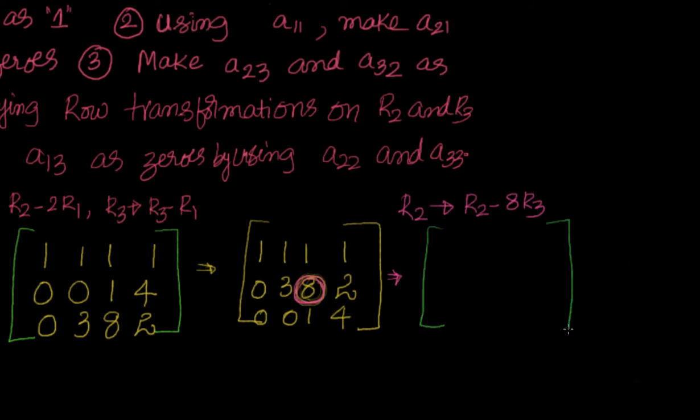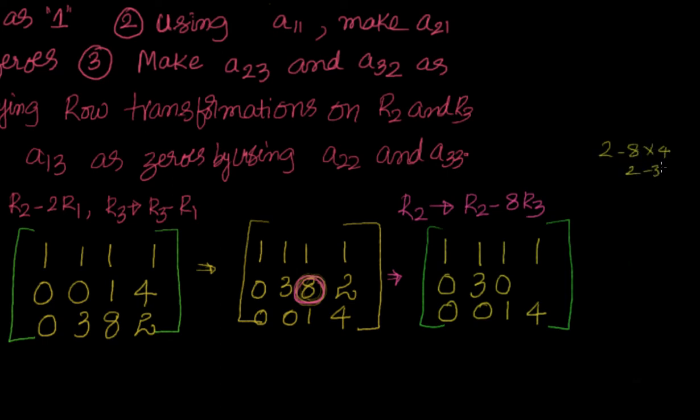If I do that, what will I get? I will have R1 as it is, 1, 1, 1, 1. I have the third row fixed, 0, 0, 1, 4. Now in the second row, R2 minus 8R3, I will have 0, 3 only here, then 8 minus 8, 0, and 2 minus 8 into 4.